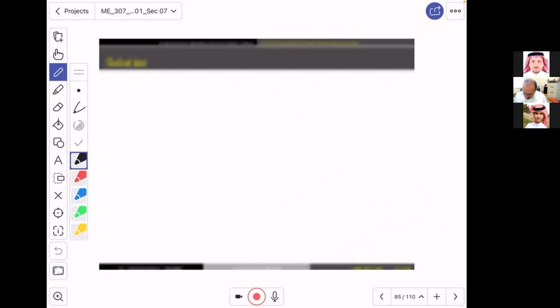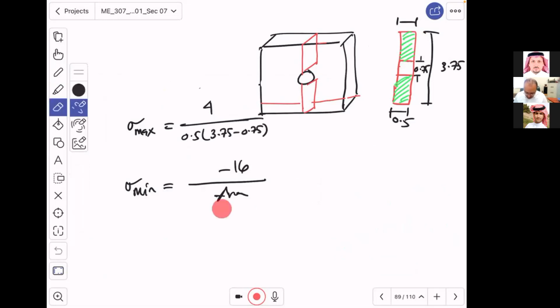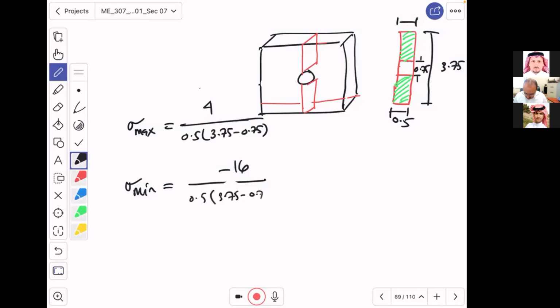So the area which I am going to use to calculate the stress is 0.5, which is the thickness, multiplied by 3.75 minus 0.75, so that I get only the green part. That's the area. In here the area is exactly the same: 0.5 multiplied by 3.75 minus 0.75.